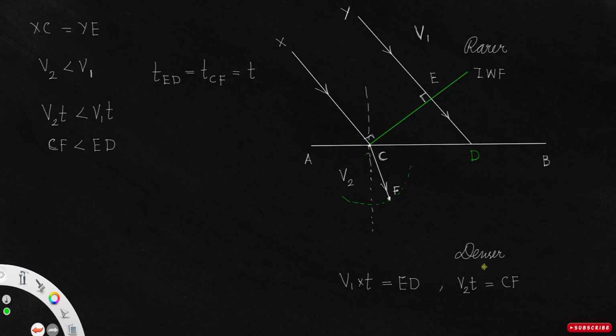Remember, CF is the radius, which is equal to V2T. This is the radius, and C is the center of the circle.